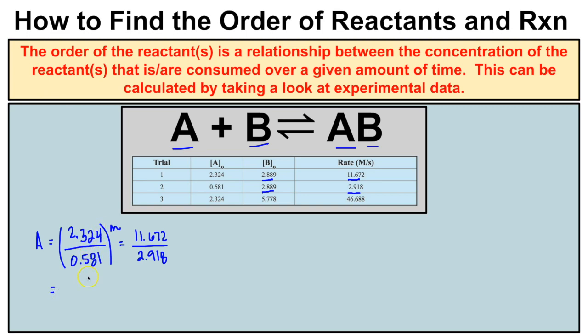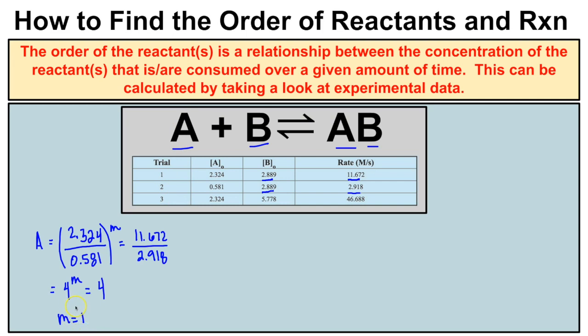If we put this in our calculator, we get 4 to the m equaling 4. So 4 to what power equals 4? Well, m equals 1 here.